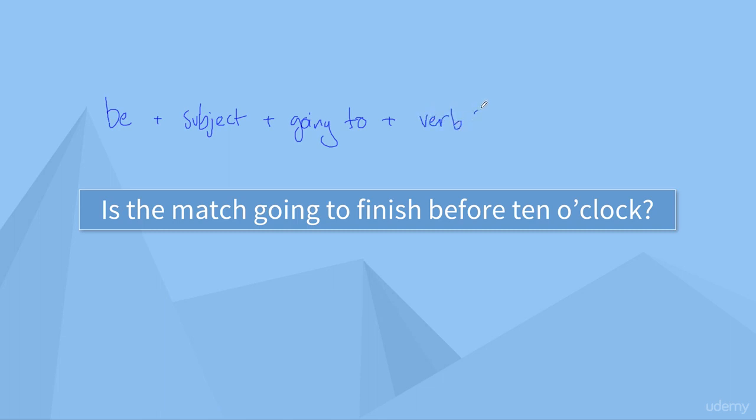Yep, verb 1. So here verb 1 is finish. We've got going to. The match is the subject. And be is. Is the match going to finish before 10 o'clock?